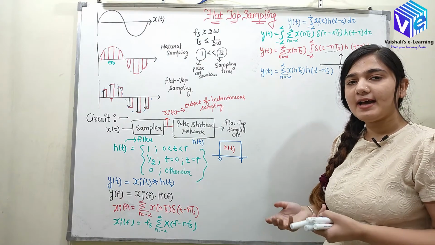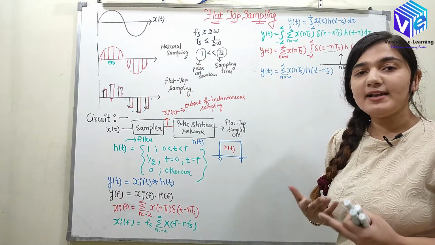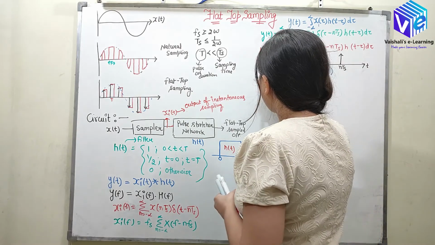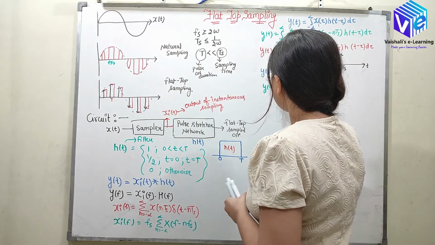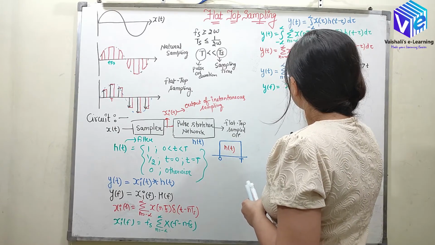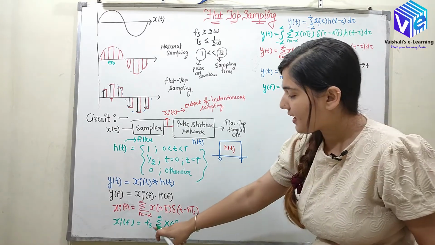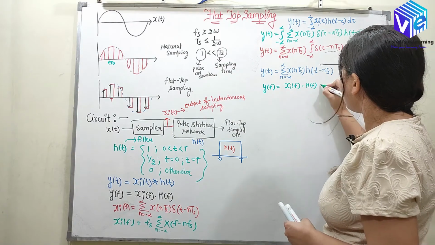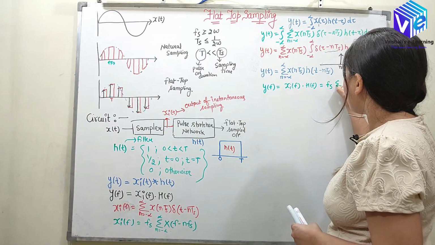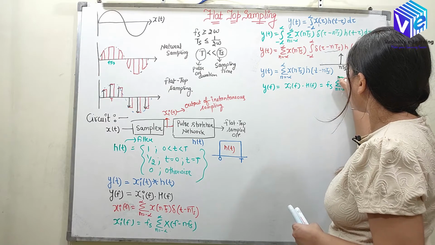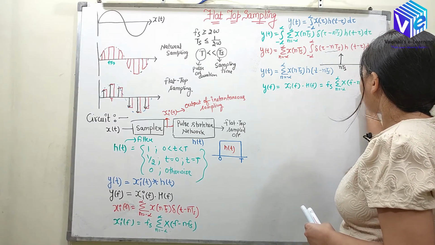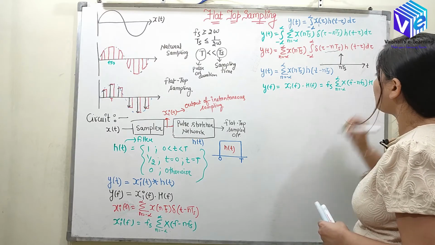Similarly, I can find out the flat top sampling output in frequency domain as well. So now y of f would be xi of f into h of f. So now xi of f is this. I can simply represent xi of f, which is fs summation n is equal to minus infinity to infinity x of f minus nfs into h of f.